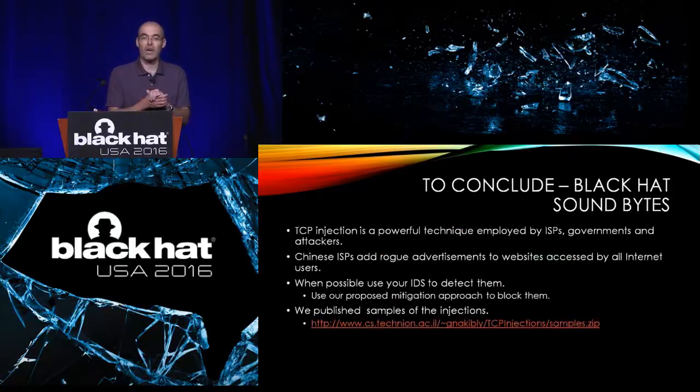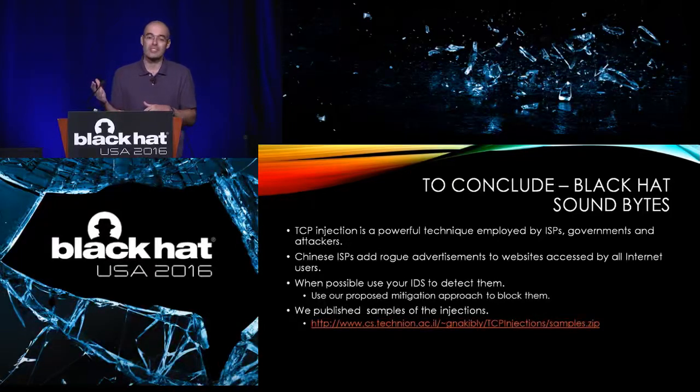Okay, so with that, I would like to conclude with the Black Hat soundbites. So these are my soundbites. The main takeaway from the presentation: TCP injection is a powerful technique that is deployed currently on the internet by ISPs, governments, and attackers.